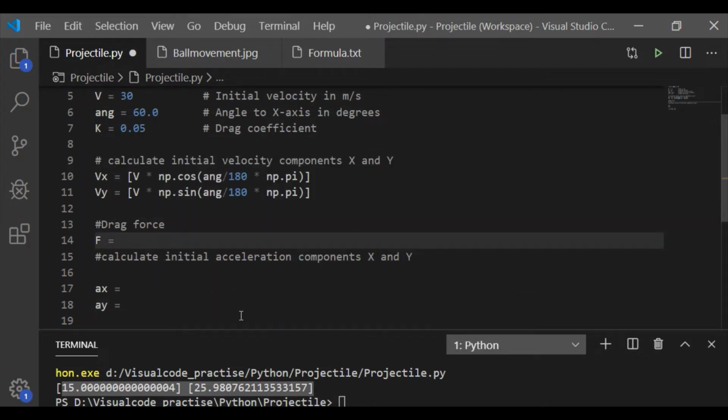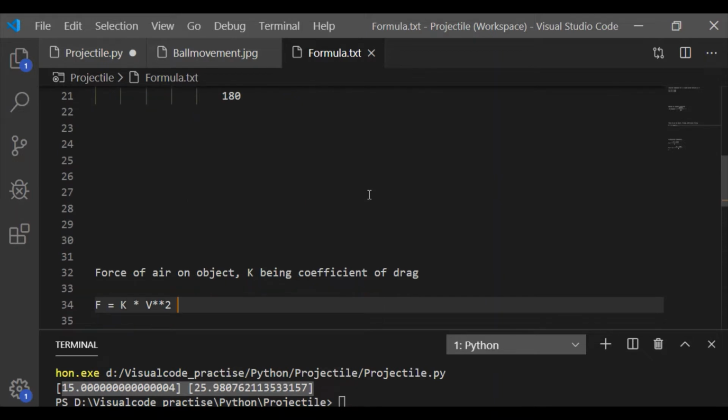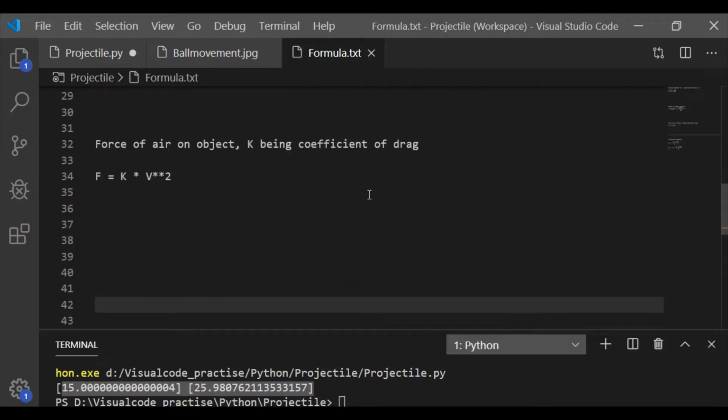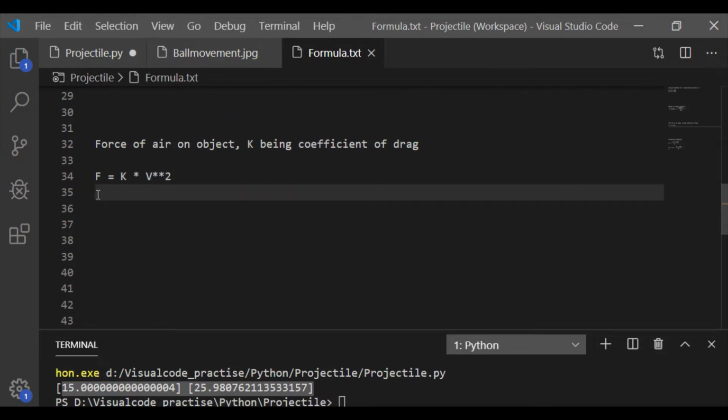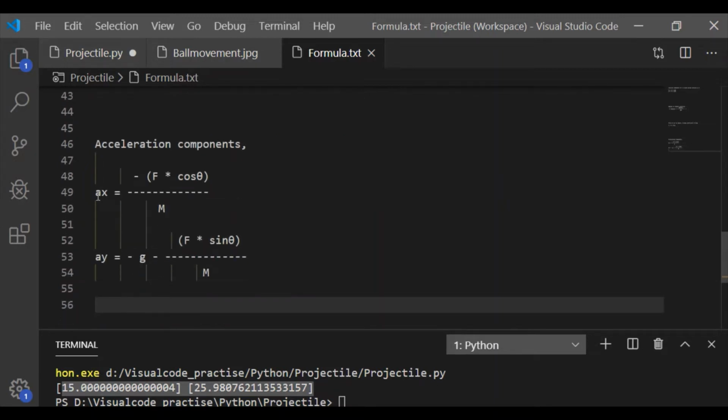Before writing the Python code, we will see the formula for drag force. Drag force F, that is the force of air on the object which resists its acceleration, depends on K, the coefficient of drag, and velocity squared, V being the velocity. Now, on knowing this drag force F, we can calculate the acceleration components.